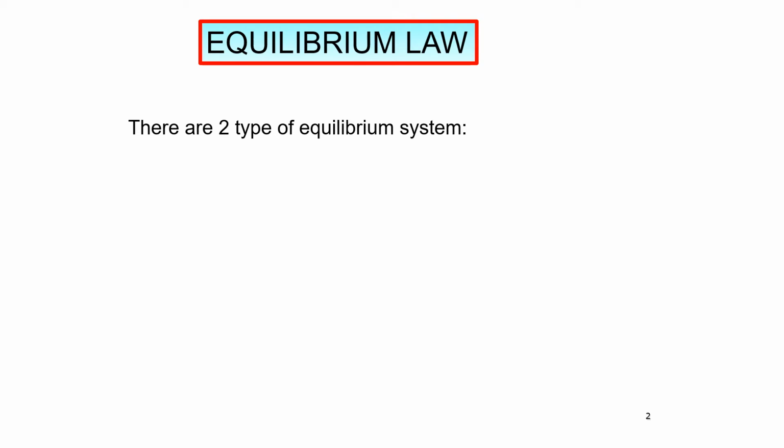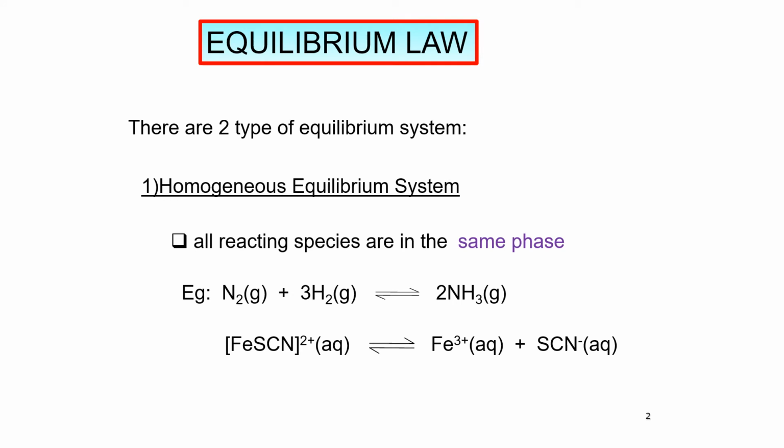Students, there are two types of equilibrium system. One is called homogeneous equilibrium system. What are the properties of the species until they are considered as homogeneous equilibrium system? One of the properties is all reacting species must be present in the same phase.